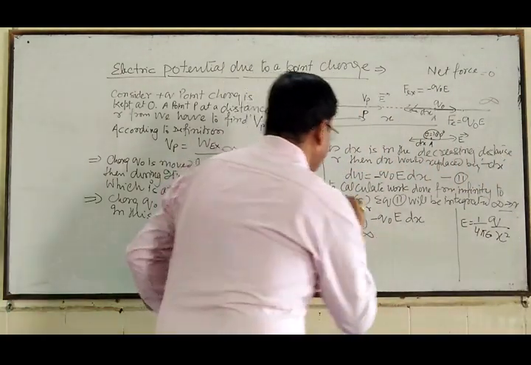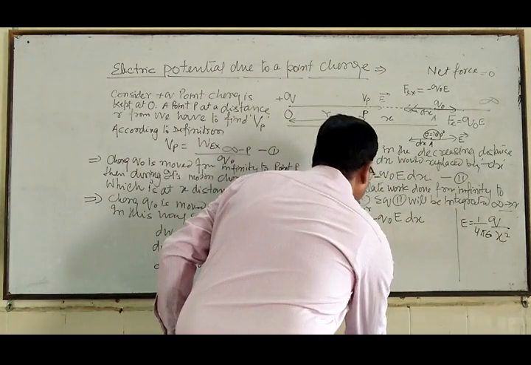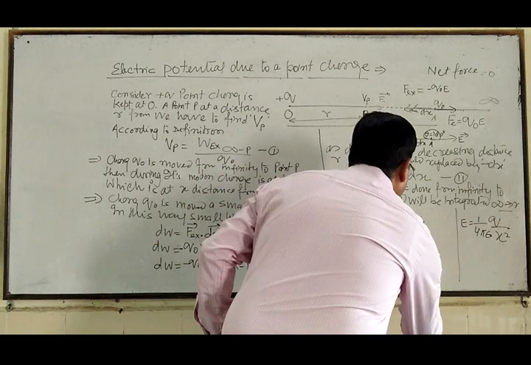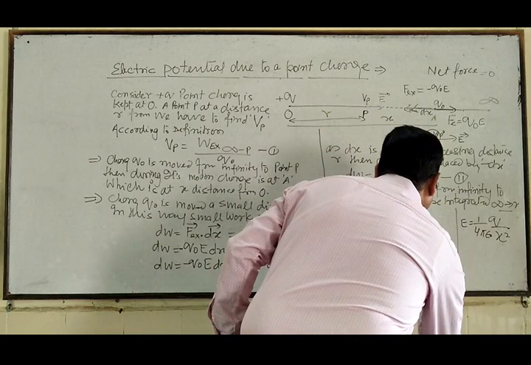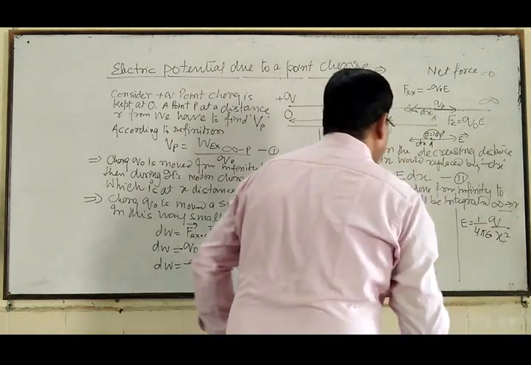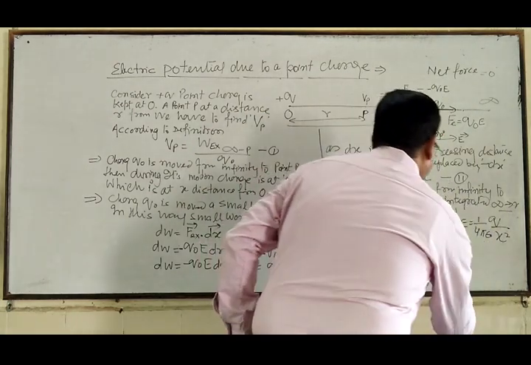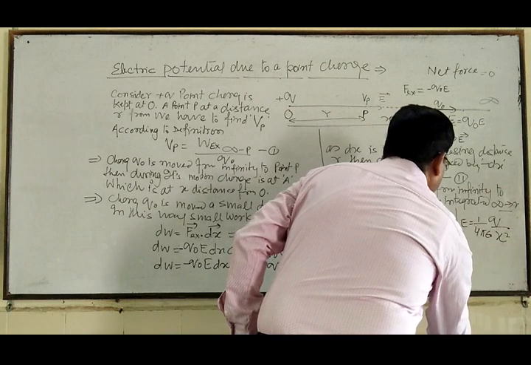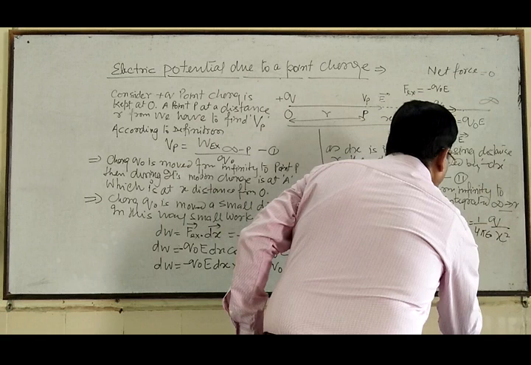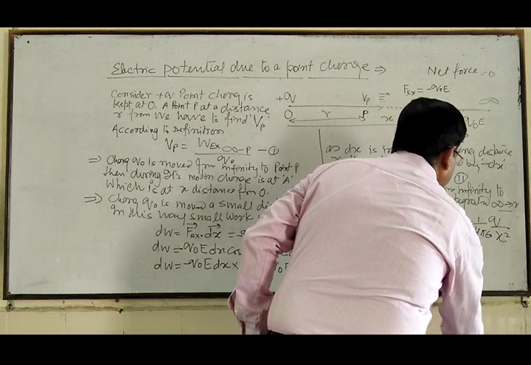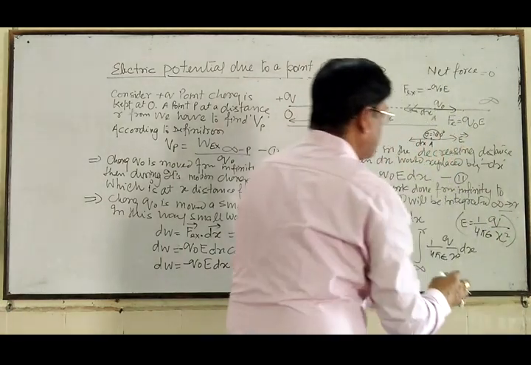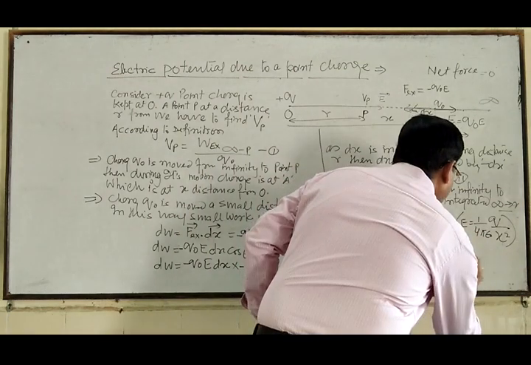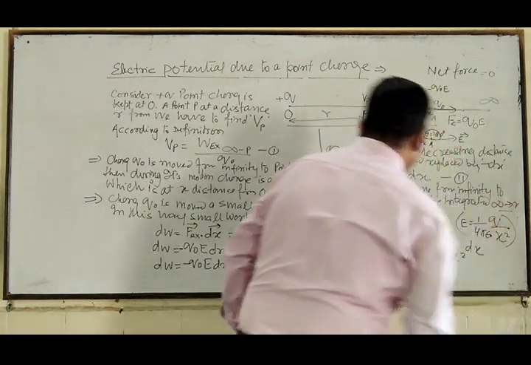This is value over here, then W infinity to P is equal to, Q naught is constant, that is minus Q naught, and integration between the limits infinity to R, that is value of E is 1 upon 4 pi epsilon naught Q upon x square dx.